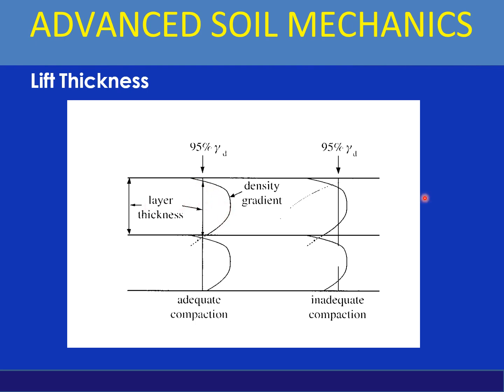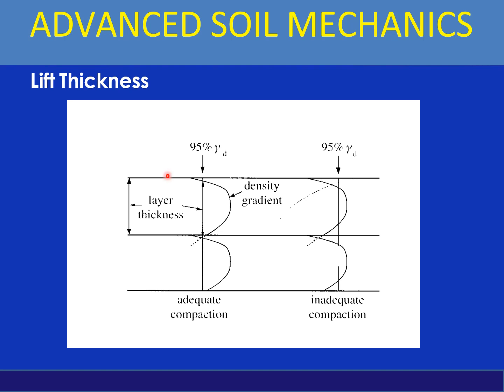So if you want to attain 95% of gamma d max, obviously you are somewhere here, and you can see that if you are getting this much, here you are getting adequate compaction, but here inadequate compaction is there.